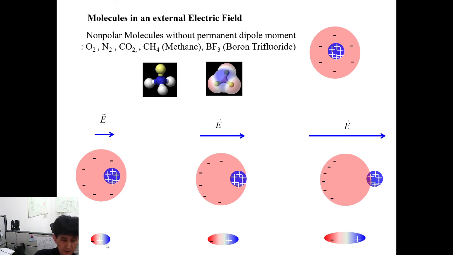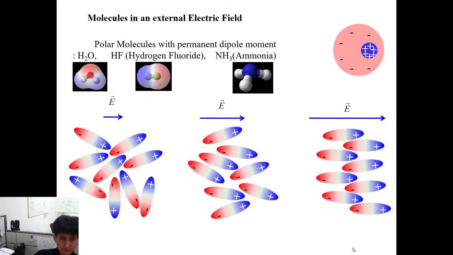For small electric field, separation is small. Medium electric field, separation is medium, and larger electric field, the separation becomes largest. There is another type of molecule which has its own polarity, like water, hydrogen fluoride and ammonia.